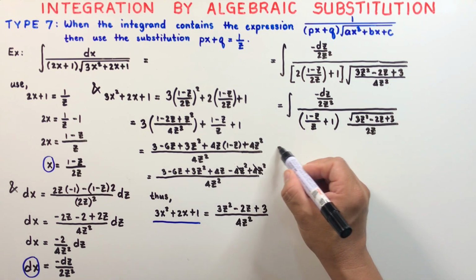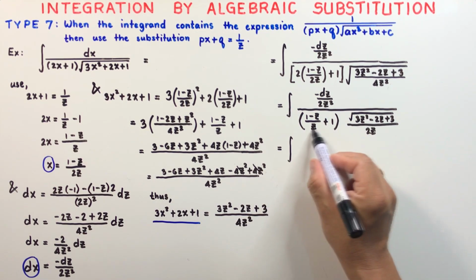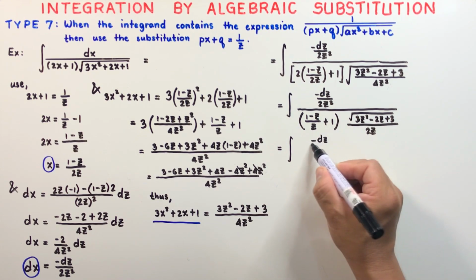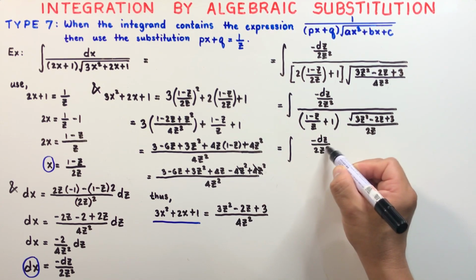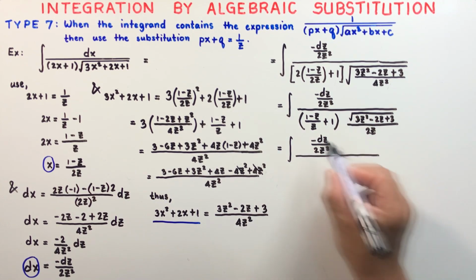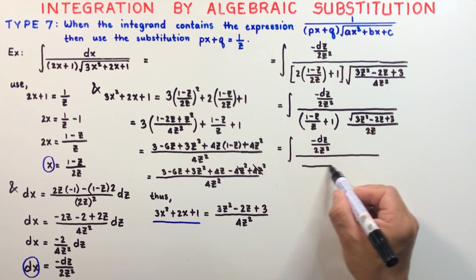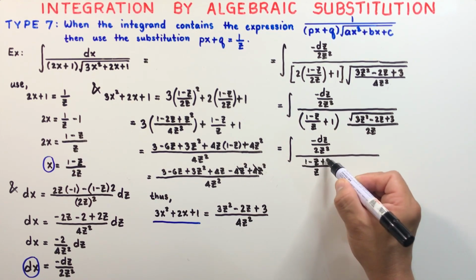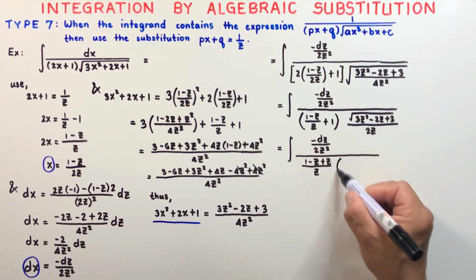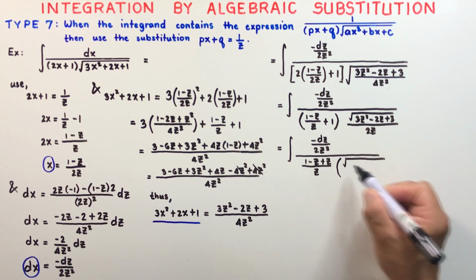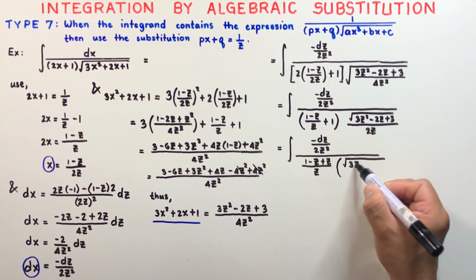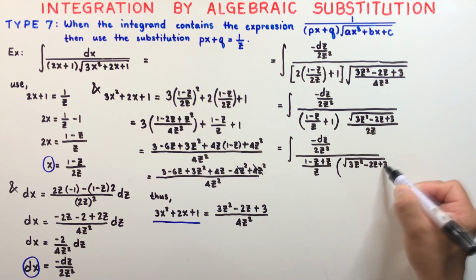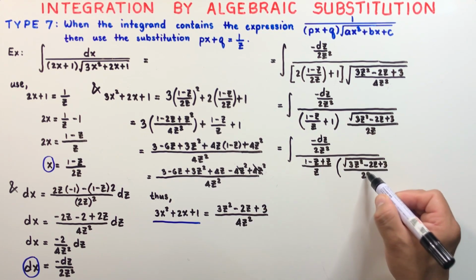So combining these two terms here, we have negative dz over 2z squared when divided by these two terms, but when you combine, that is 1 minus z plus z, but this is multiplied by this quotient of the square root of 3z squared minus 2z plus 3 over 2z.